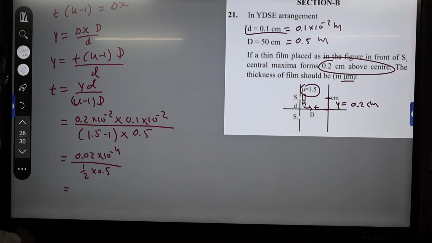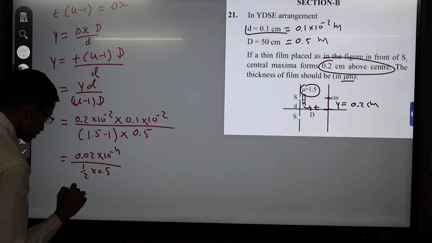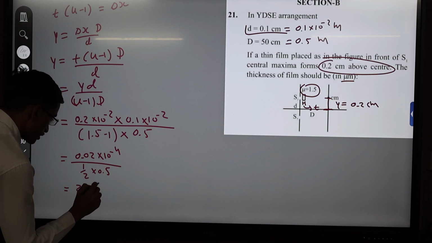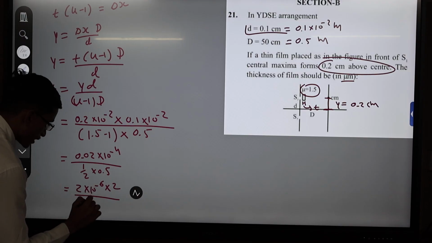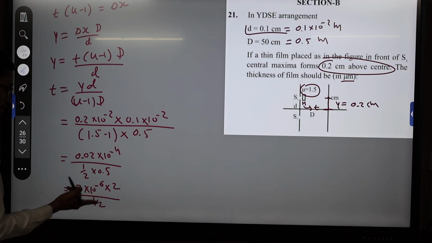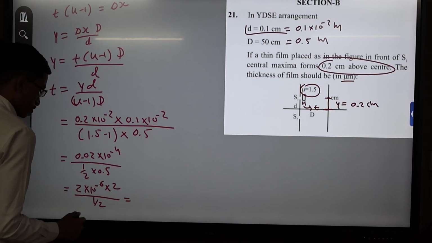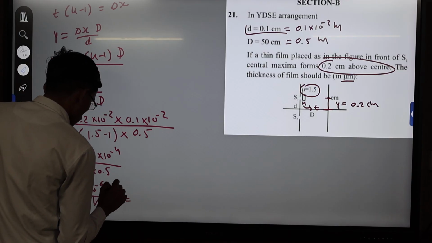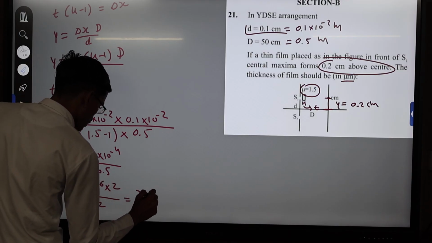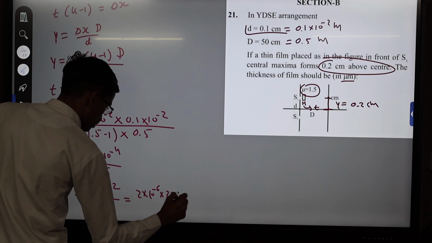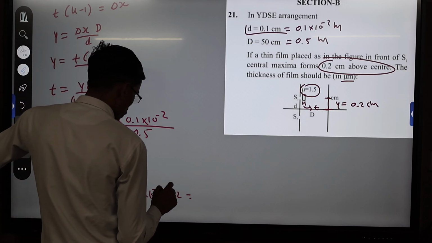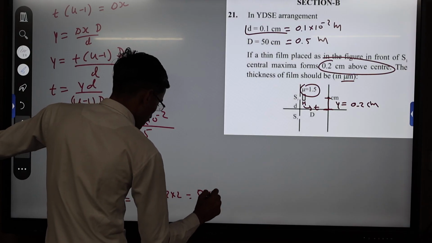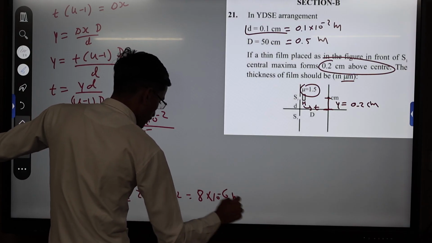So calculating this, 2 divided by 0.5 can be written as 1 by 2 going in the numerator, so 2 into 2 is 4, 4 into 2 is 8. So 8 into 10 to the minus 6 meter.